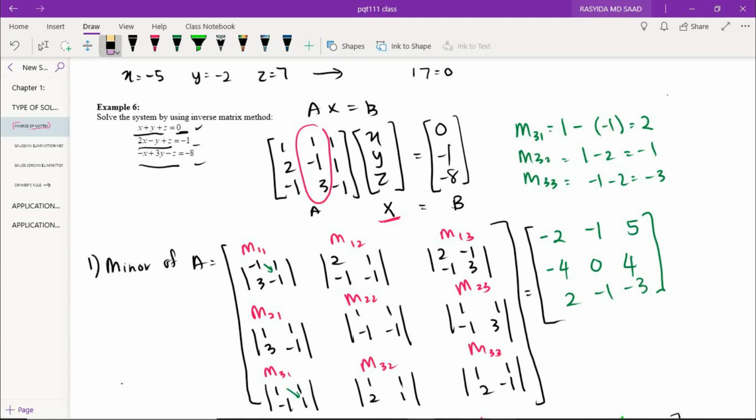Then for the second equation, 2 times negative 5, minus negative 2, plus 7. 2 times negative 5 is negative 10, plus 2 is negative 8, plus 7, you get negative 1. So it's correct. Then we check the third equation.